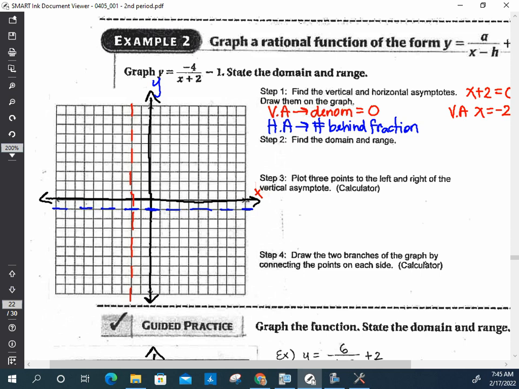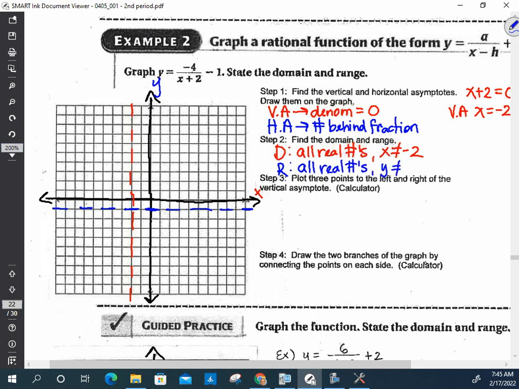So remember, domain is based off of the vertical. So your domain, all real numbers. X cannot equal -2. Your range is based off of the horizontal asymptote. All real numbers.